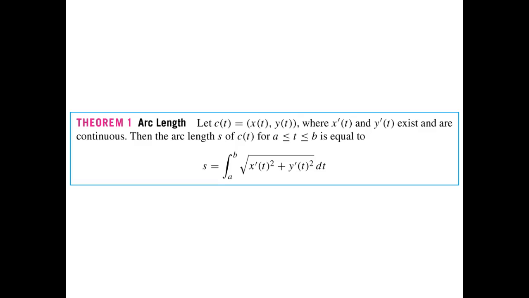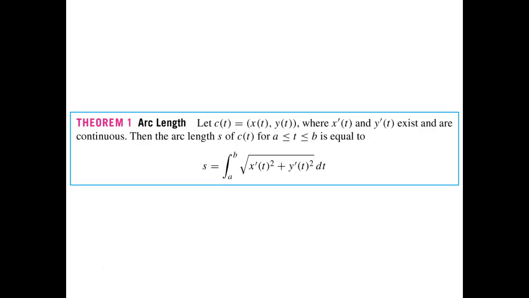The derivatives are defined everywhere, but they are not continuous. Can't have that. You need something better. Then the arc length S for the curve C of t, pathway, from A to B, A less than t is less than or equal to B, is equal to the arc length. S stands for arc length.